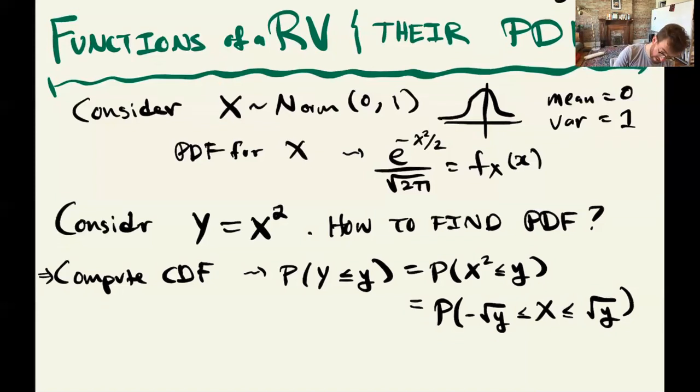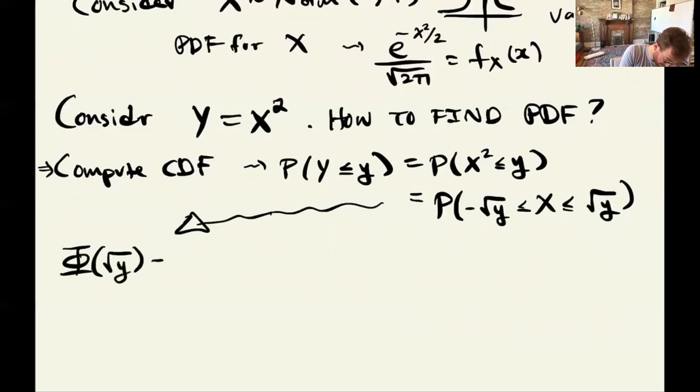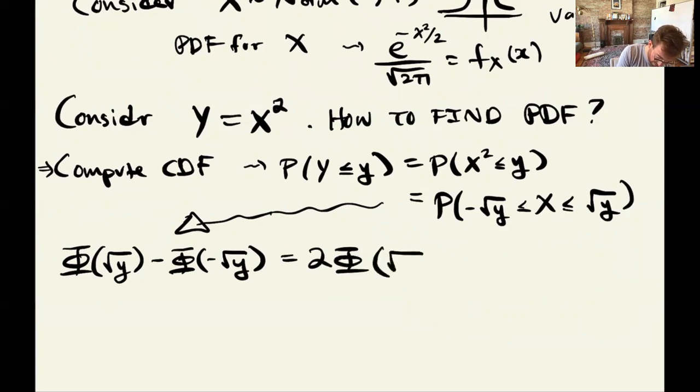Now, luckily, this is something we've considered a lot. We have these special formulas in terms of the CDF of this normal distribution, which we called capital phi. So we have capital phi of square root of y minus capital phi of negative square root of y, which by symmetry we know actually equals this.